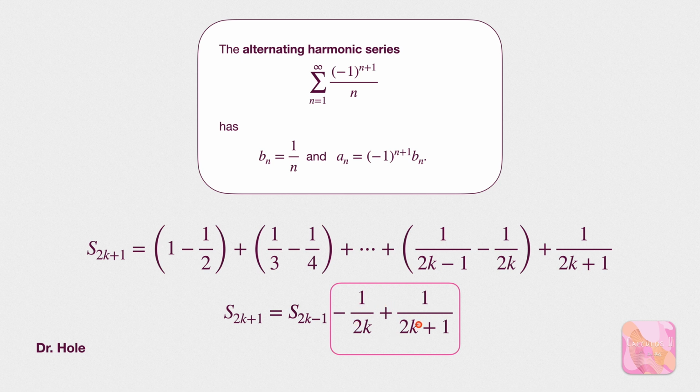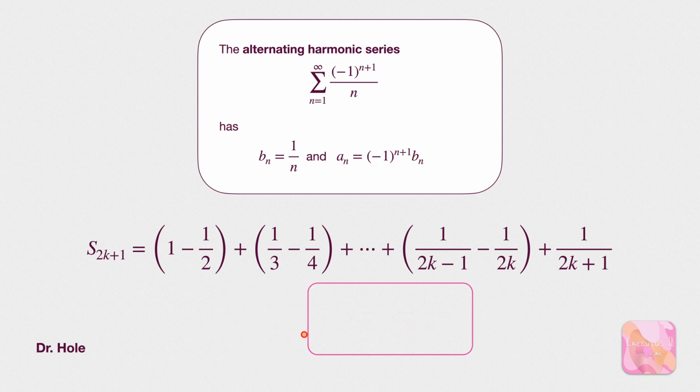Therefore, this difference is less than 0. It's negative. What does that mean? That means that as we're taking an odd indexed partial sum and moving to the next odd indexed partial sum, we're decreasing. Okay.